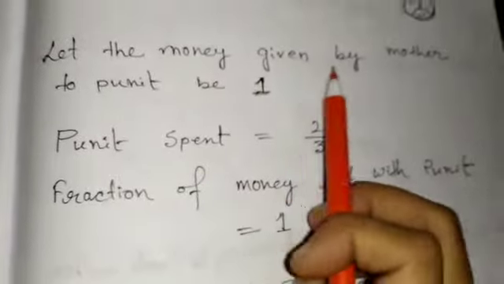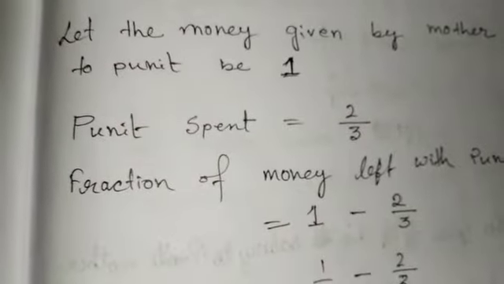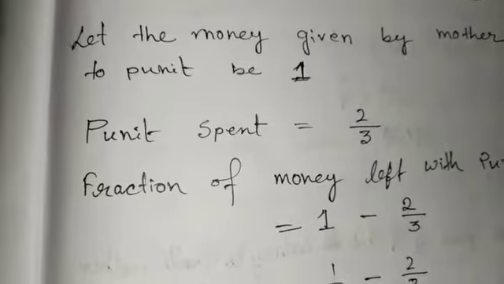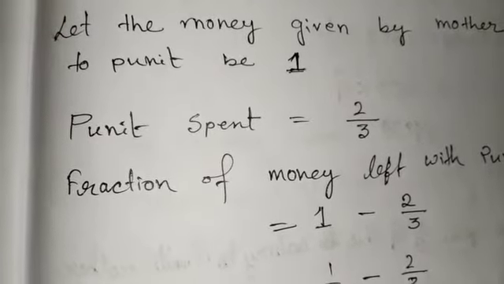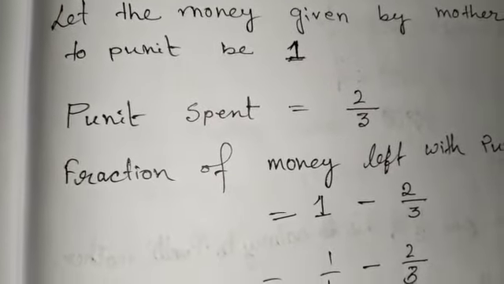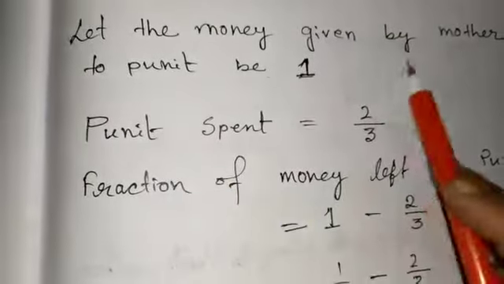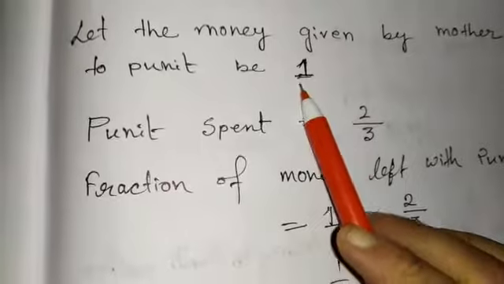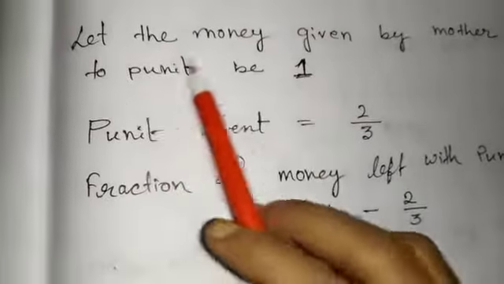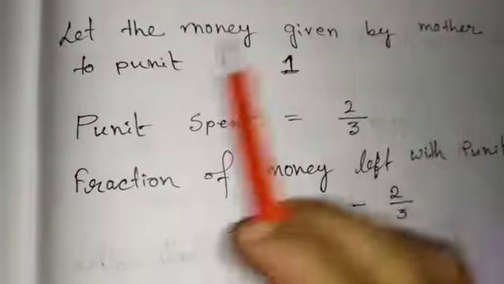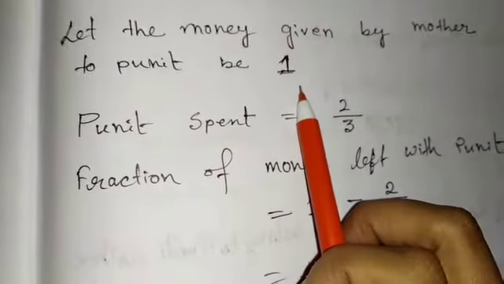Let the money given by mother to Punit be 1. In case of algebra, we take the variable as x, n, like that. In case of fractions, we can take 1 because 1 is the whole number. So let the money given by mother to Punit be 1.